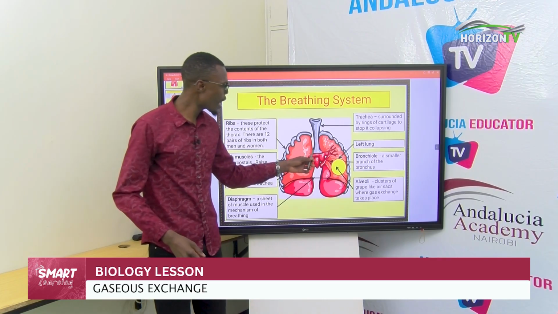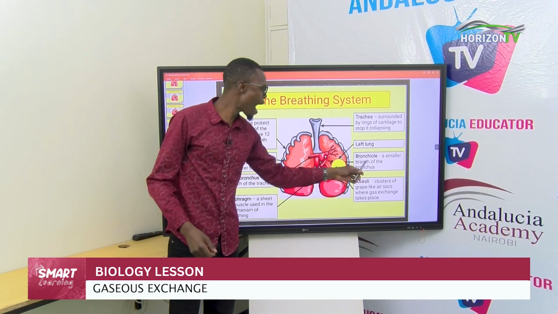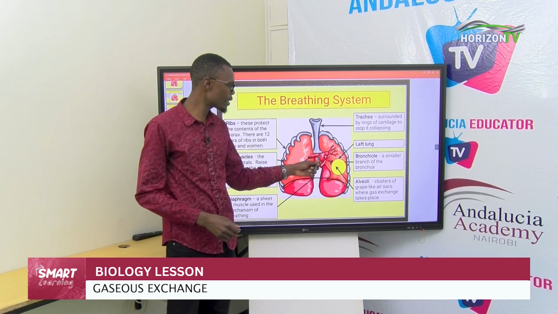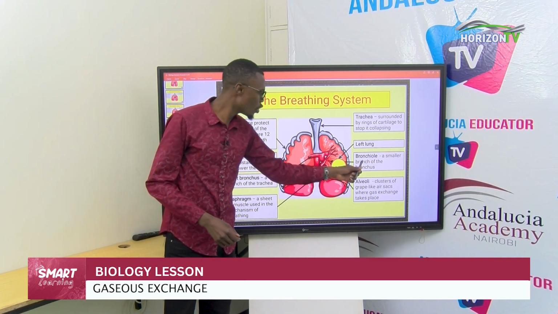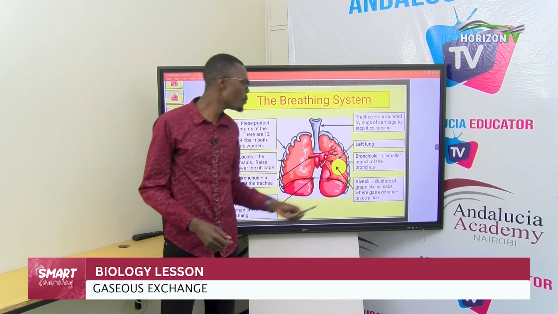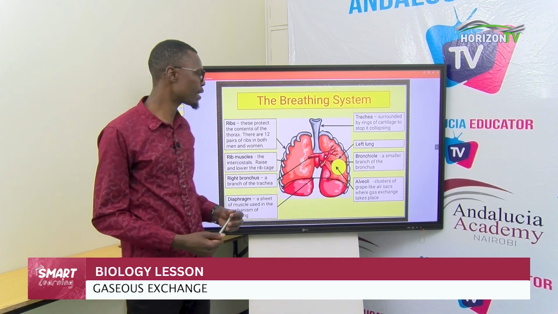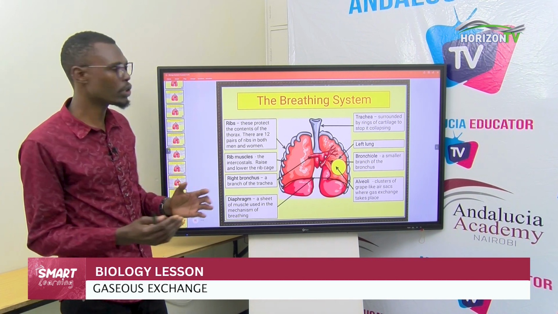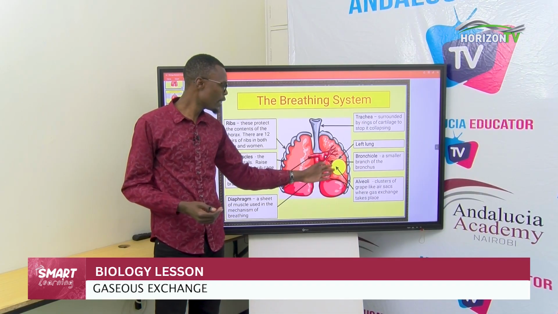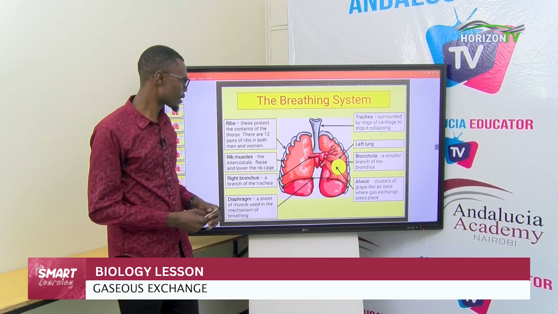The bronchus and the bronchiole are the smaller tubes. We start with the bronchus, then go to the bronchiole. We define the bronchiole as a smaller branch of the bronchus. Their major function is to allow the entry of gases into the lungs.